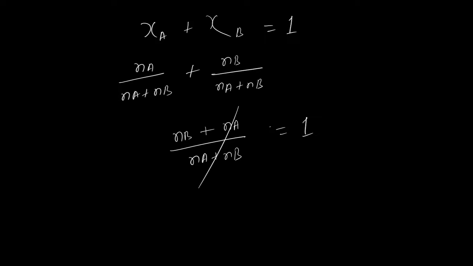So unity. You can take it as unity, 1. So here you can write Na, here the Nb, that's it. So this is the unity. So this has been proved.